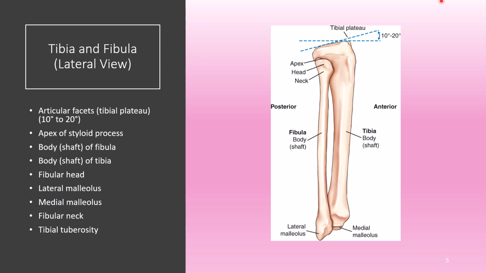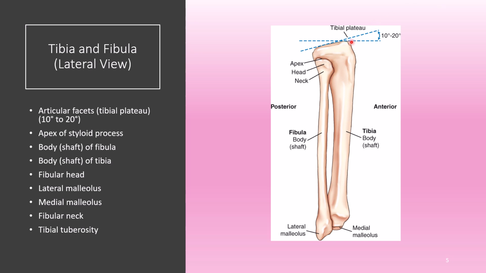Now, why do we care? This is important because when we do an AP knee, the central ray has to be angled in relation to the IR and the tabletop in order to be parallel to the tibial plateau. And that angle is essential in opening the joint space on an AP knee.